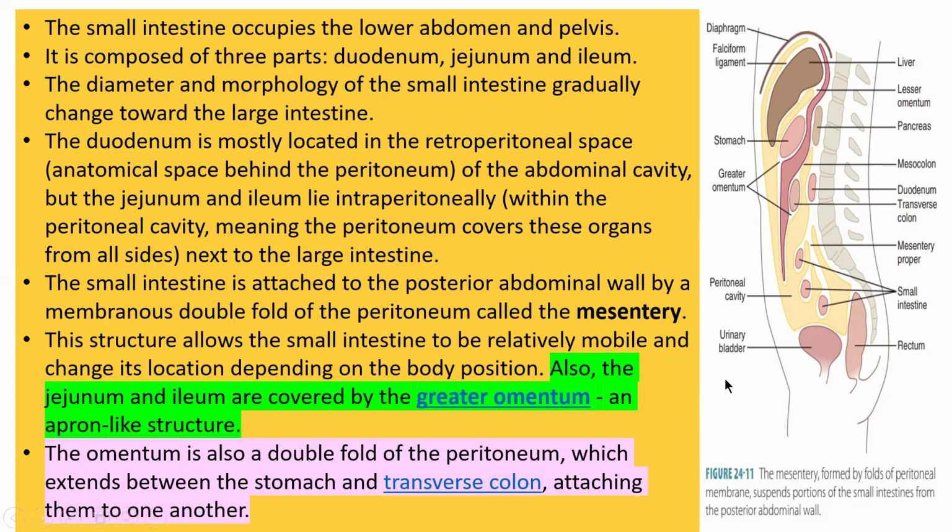The small intestine is attached to the posterior abdominal wall by a membranous double fold of the peritoneum, which is called mesentery.